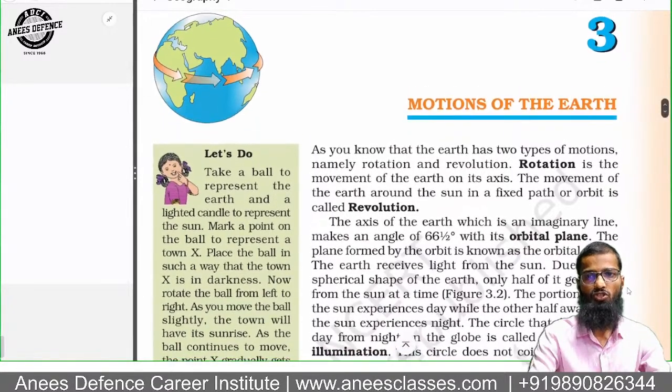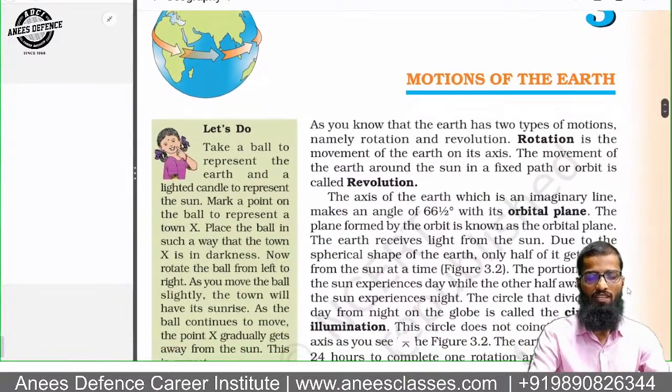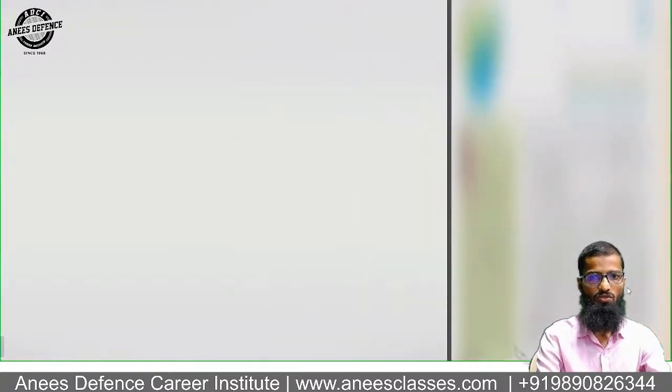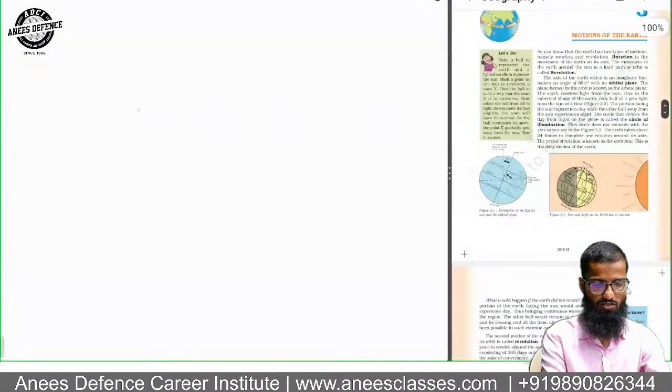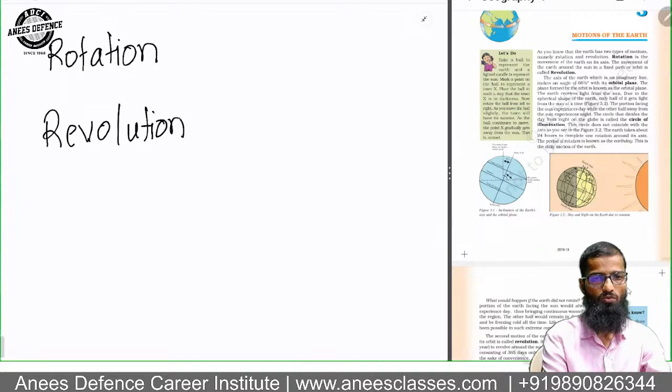So the title is motions of the earth. There are two definitions they are talking about. One is rotation and another is revolution. So these two words you must understand.